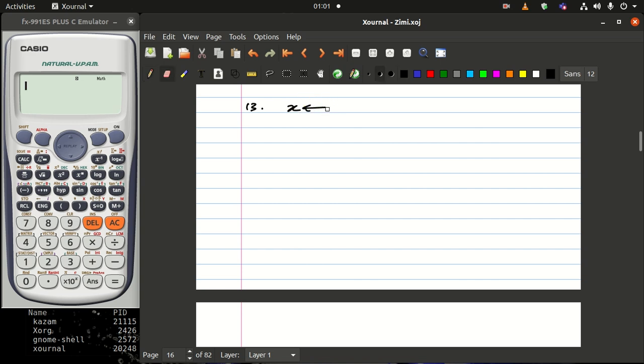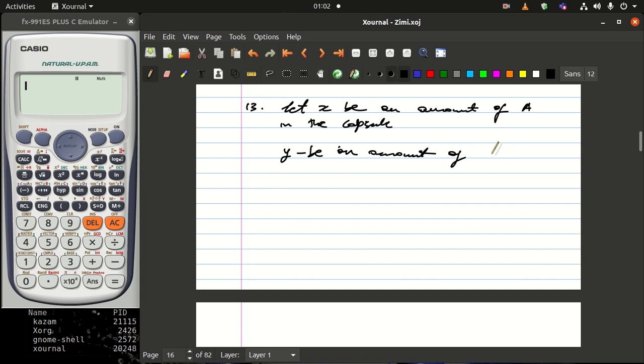Let X be the amount of A in the capsule, and Y be the amount of B in the capsule. That's what we want, the capsule.